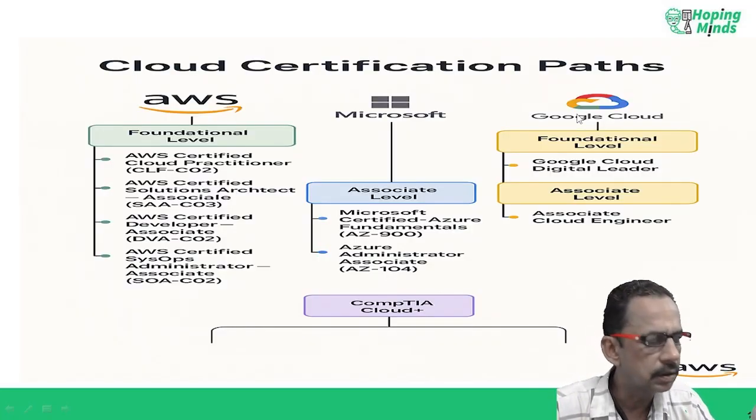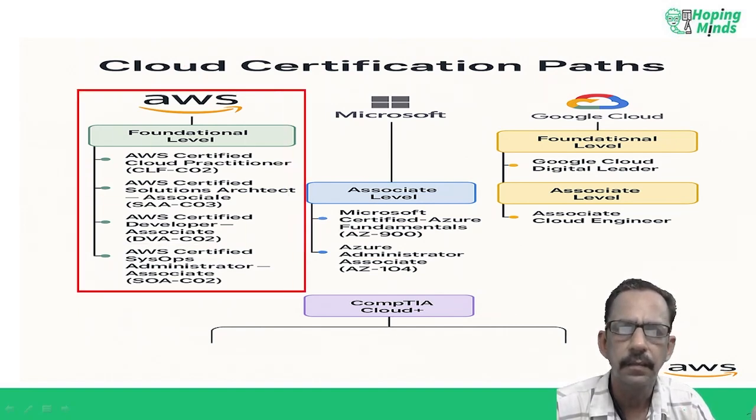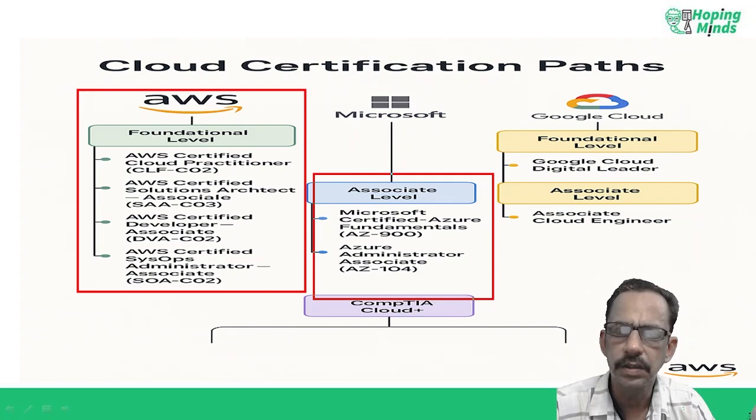So this is the general path that we have discussed. Foundational level, then go for the associate level, then you can go for the expert level. Microsoft has the same 3 levels. The exam codes we have discussed, like AZ-900 and AZ-104.